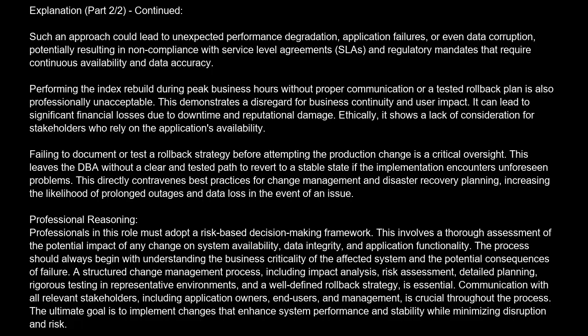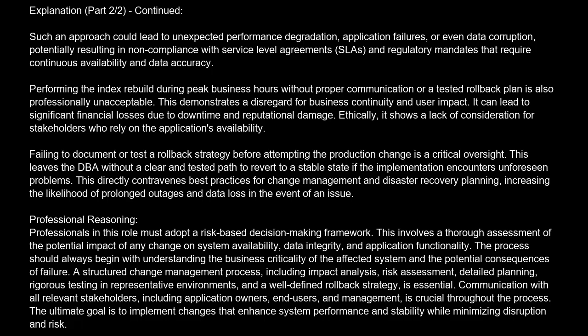Professional reasoning. Professionals in this role must adopt a risk-based decision-making framework. This involves a thorough assessment of the potential impact of any change on system availability, data integrity, and application functionality. The process should always begin with understanding the business criticality of the affected system and the potential consequences of failure.